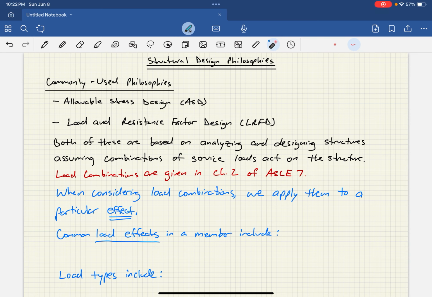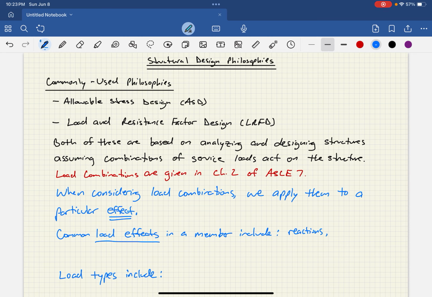Now, when considering these load combinations, we apply them to a particular effect, okay? We sometimes call these load effects. What do we mean by a load effect? Well, common load effects in a member include things that we've studied in previous courses like Mechanics of Materials. Common load effects could be reactions, right? Support reactions.